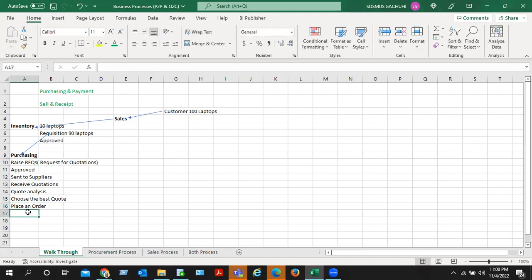Once they have placed an order, the supplier they have placed the order with will supply goods and the goods will be received.